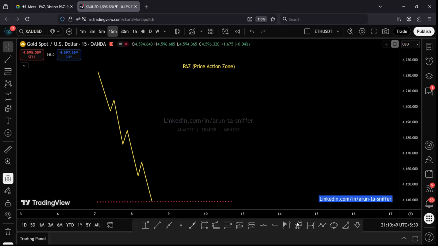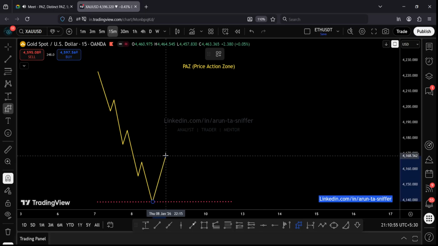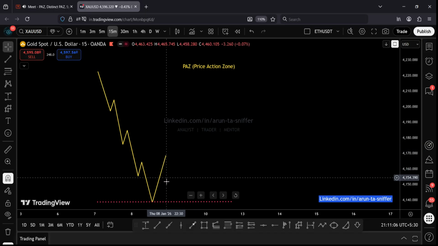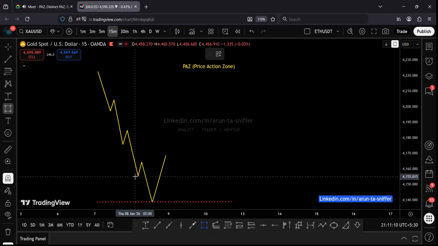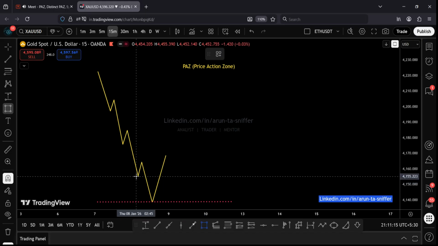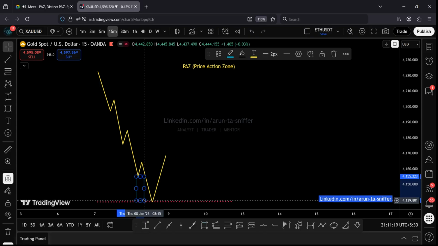So after reaching the target, price pulls back and crosses this zone. Once price crosses this zone, what will price do? Price will pull back to this area. So how will we define this area? We will define this area from left. So this will be our price action zone.